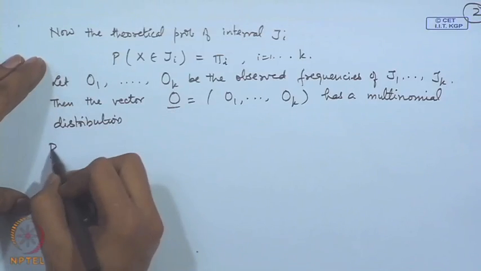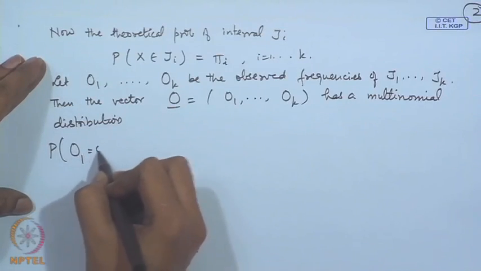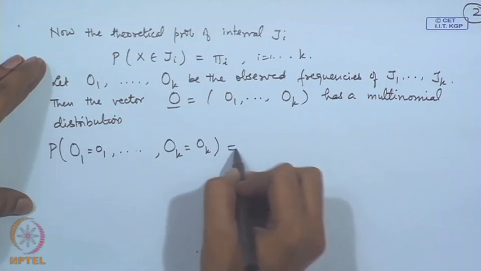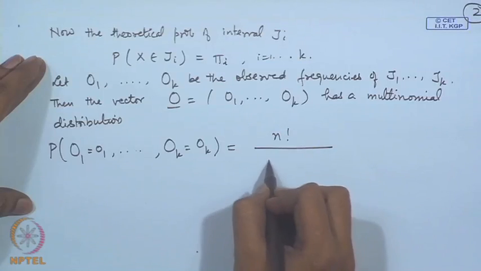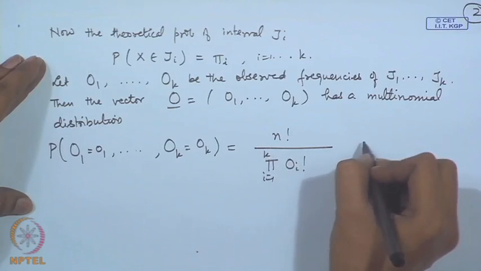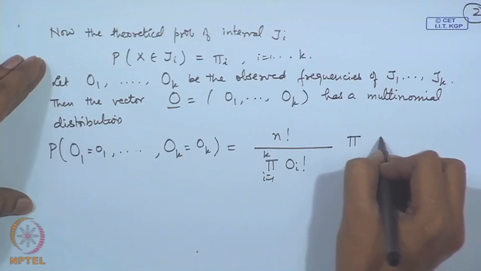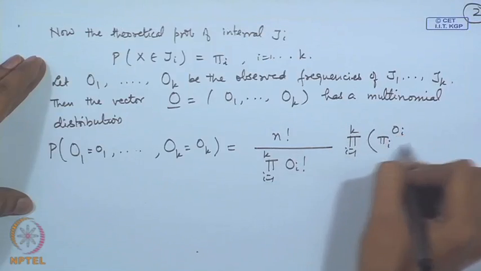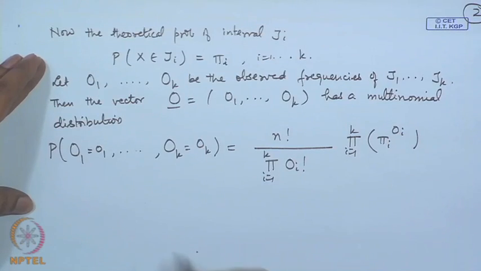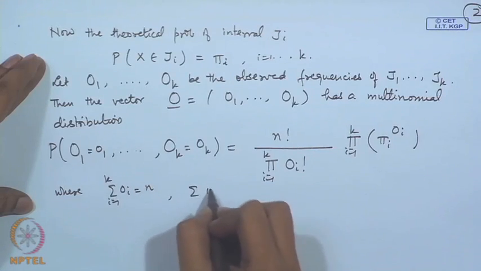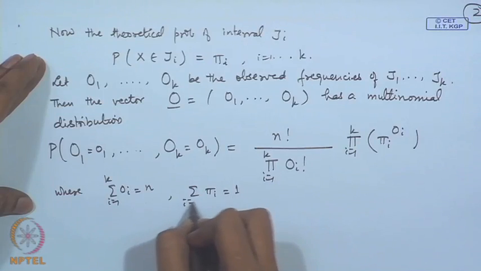We can write it like this: probability of O1 is equal to small o1 and so on, Ok is equal to small ok, that is equal to n factorial divided by the product of Oi factorial, i is equal to 1 to k, times the product of pi to the power Oi, i is equal to 1 to k, where sigma of Oi is equal to n and sigma of pi is equal to 1.